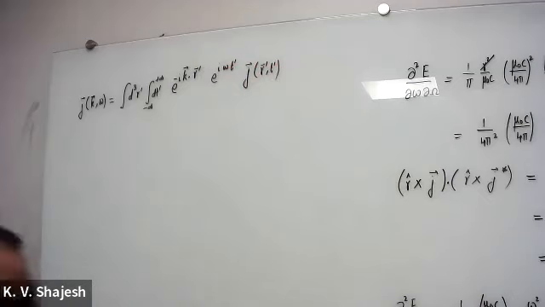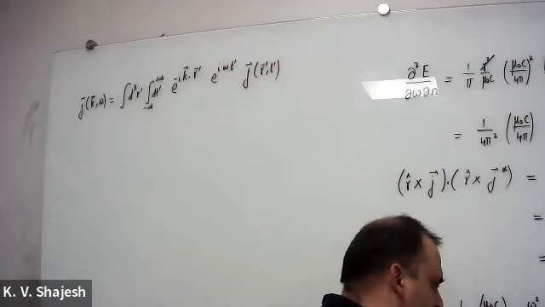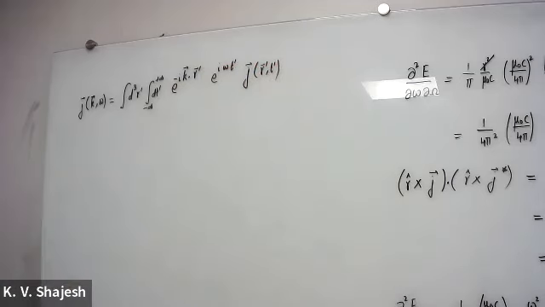Remember that phi prime changes from point to point, so it cannot actually come out of the integral. Put in everything in here.